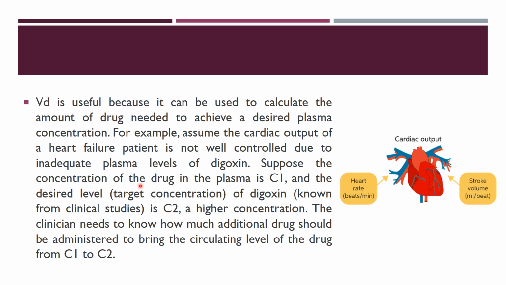Suppose the concentration of the drug in the plasma is C1 and the desired target concentration of digoxin, known from clinical studies, is C2. The clinician needs to know how much additional drug should be administered to bring the circulating level of the drug from C1 to C2.